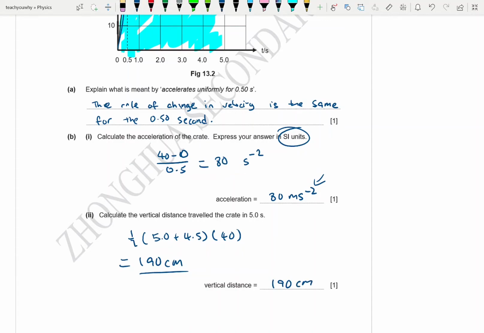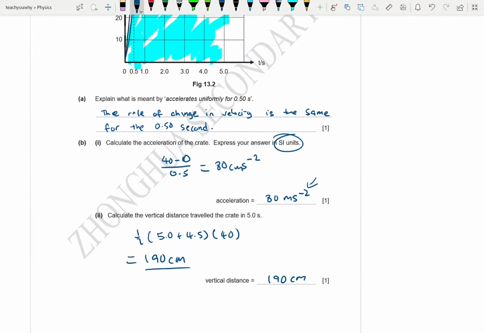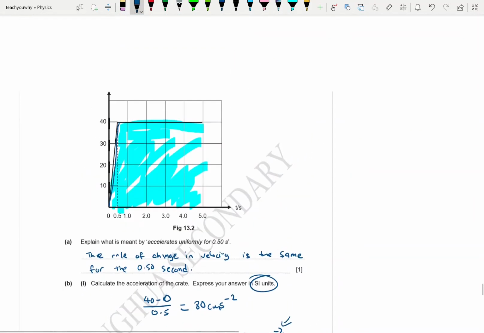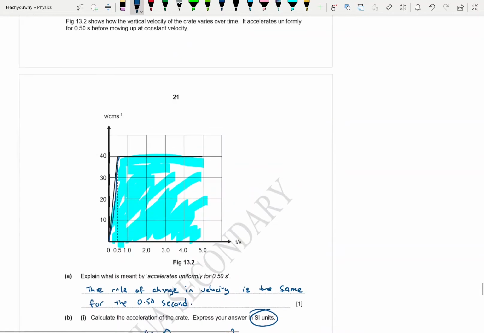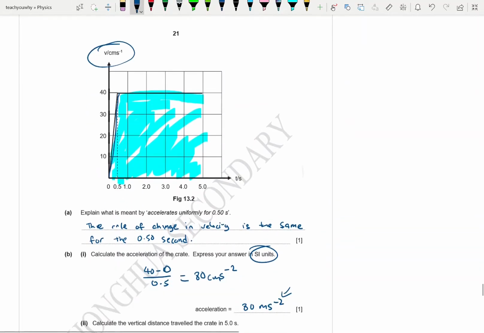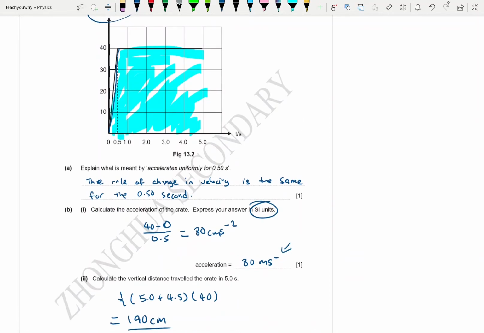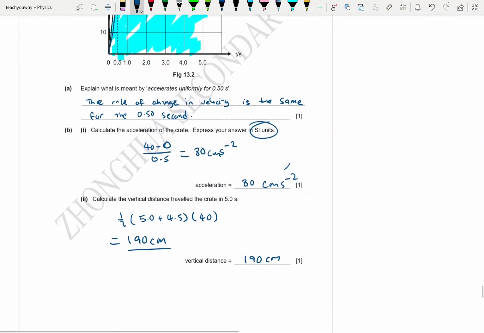This should be cm, because I didn't pay attention to the units here. So this is cm per second. Alright.